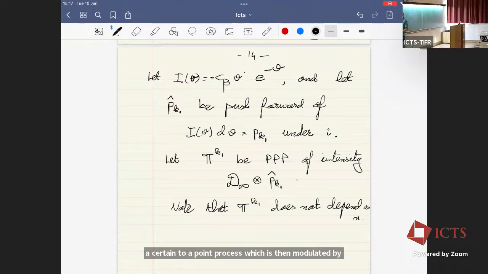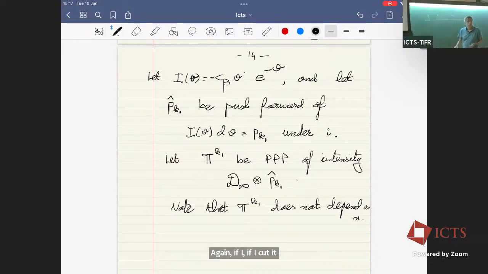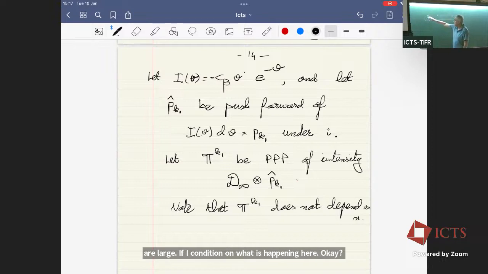And what happened before, again, if I cut it at some level K2 and some level K1 here, when K2 and K1 are large, if I condition on what is happening here, okay, so first I condition on what is happening here, get rid of the decoration and replace it by a Poisson point process. Then I condition on what happens here. I have a similar situation.